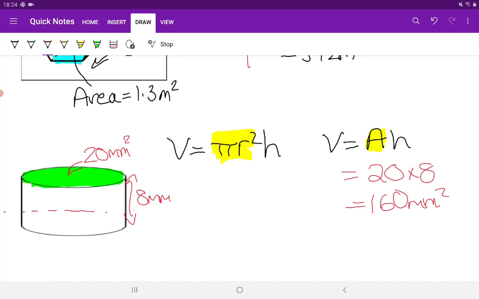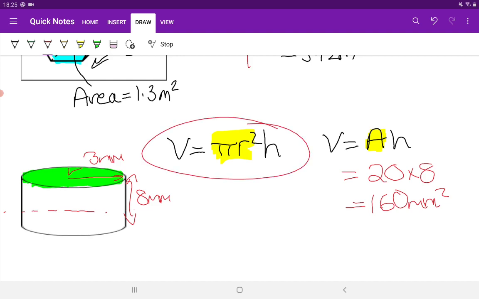However, if instead I'd given you different information and I had given you that this radius was 3 millimetres or something like that, then obviously you would have to use that formula. So just be aware of that, okay, that sometimes you'll need to use the formula we looked at last week, and sometimes you'll be able to just use the area times height formula. So that's how we work out the volume of a prism.